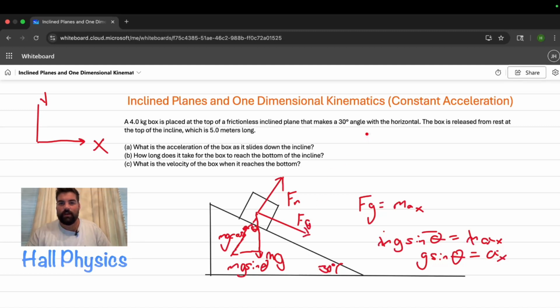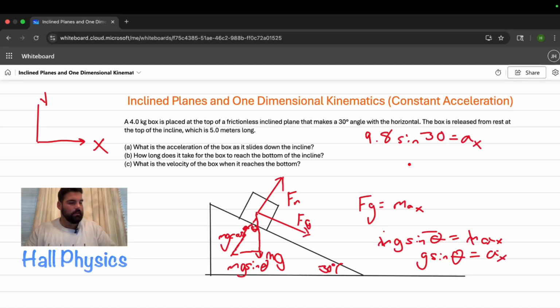Okay, so g sine theta is going to be 9.8 times sine of 30 equals our acceleration in the x direction.